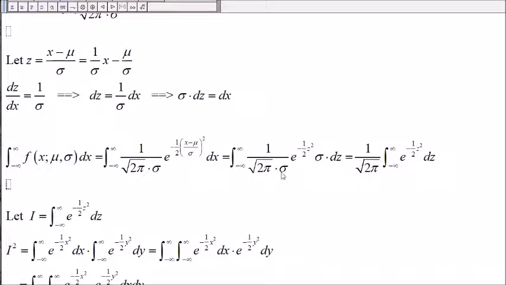Sigma dividing by sigma is 1. So what's left is 1 over the square root of 2 pi times the integral of e to the negative 1/2 z squared from negative infinity to positive infinity. And now we'll call this I. So let I be this integral right here.